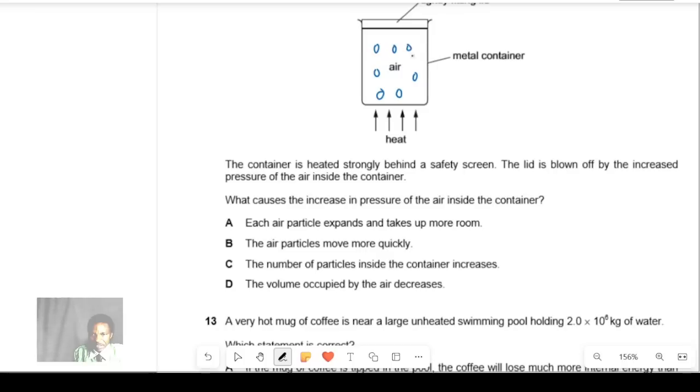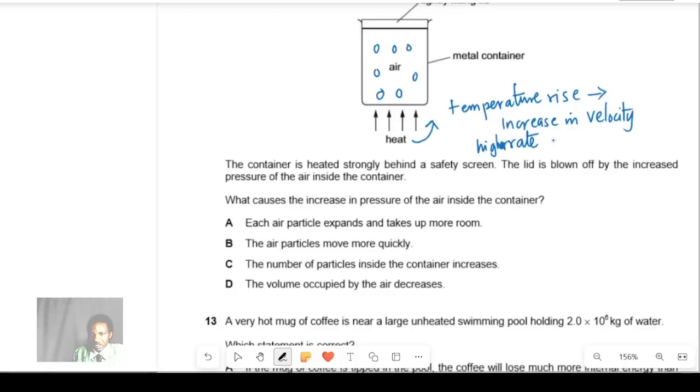It's the same number of air particles, but because of the heat there's going to be a temperature rise, and this is going to lead to an increase in velocity of the particles of each air, and this will also lead to a higher rate of collision with the wall, which will now cause high pressure.